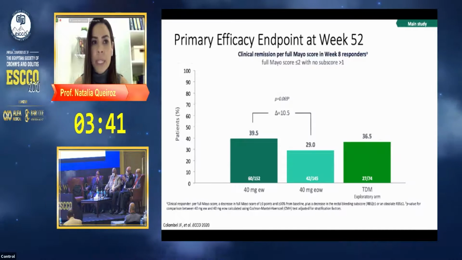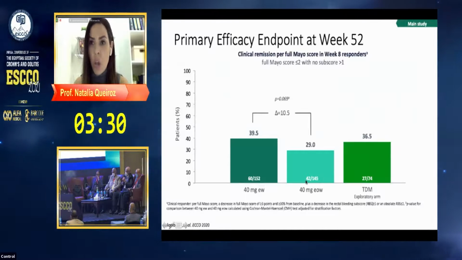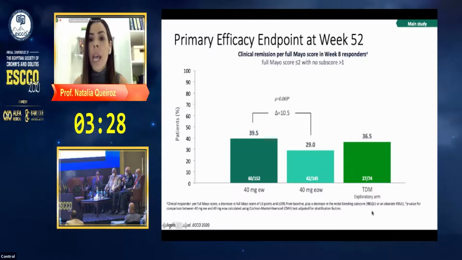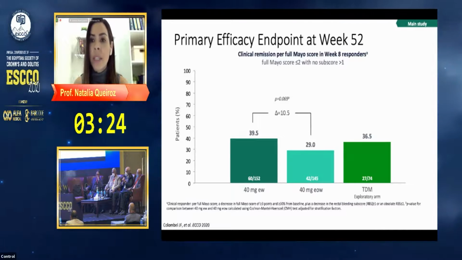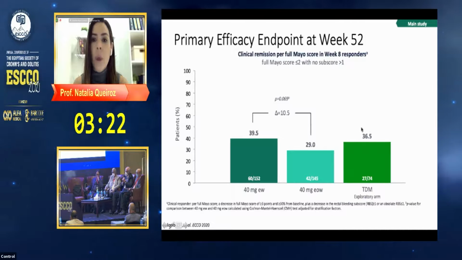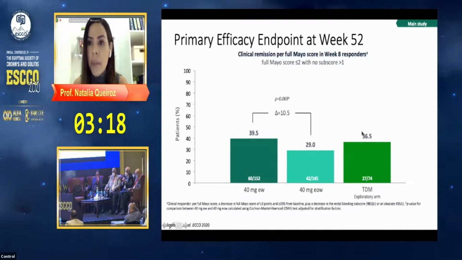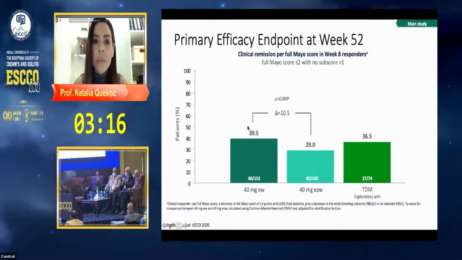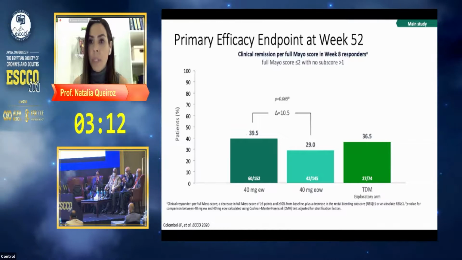In the maintenance phase of the SERENE UC trial, patients were randomized to either receive 40 milligrams every week of adalimumab or every other week of adalimumab, and there was a TDM exploratory arm. And we can clearly see that the rate of clinical remission in the TDM exploratory arm is really similar to the arm that received 40 milligrams every week.